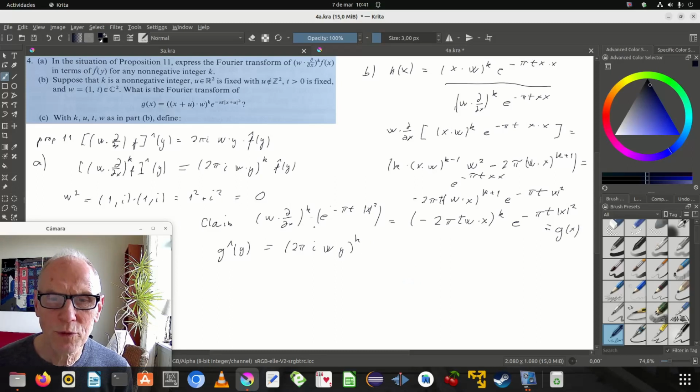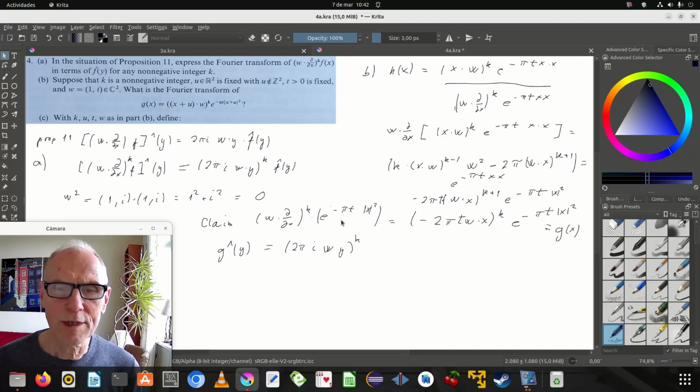And the guy we take Fourier transform is this one, and it's well known, except that I don't recall it. It was pi x squared that gave itself, and then we must multiply by a factor t, that's square root t to each of them.